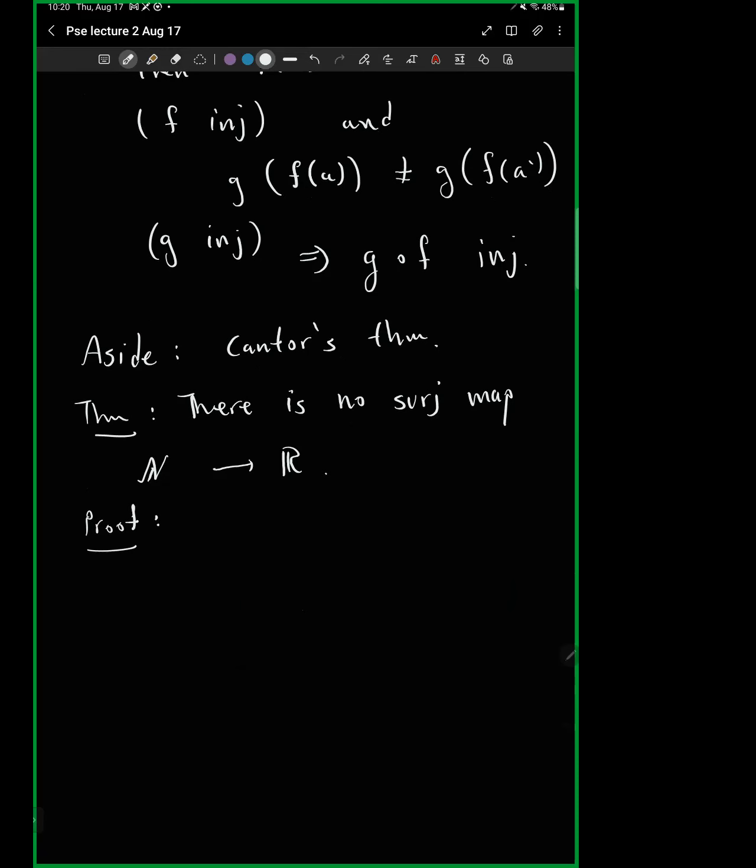So suppose, towards contradiction, that there is some function f from the natural numbers to the real numbers that is surjective.